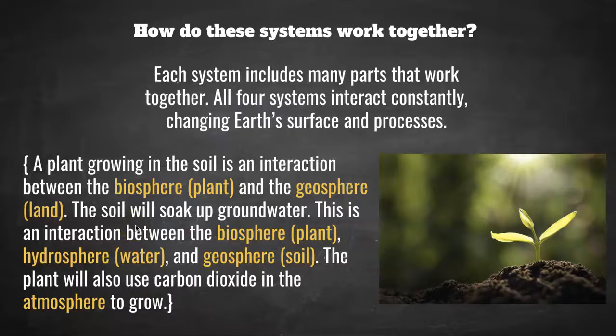When the soil soaks up groundwater, this is an interaction between the biosphere, the plant, and the hydrosphere when we water it. The plant will also use carbon dioxide in the atmosphere to grow. So it's all these systems interacting together to help the plant grow.